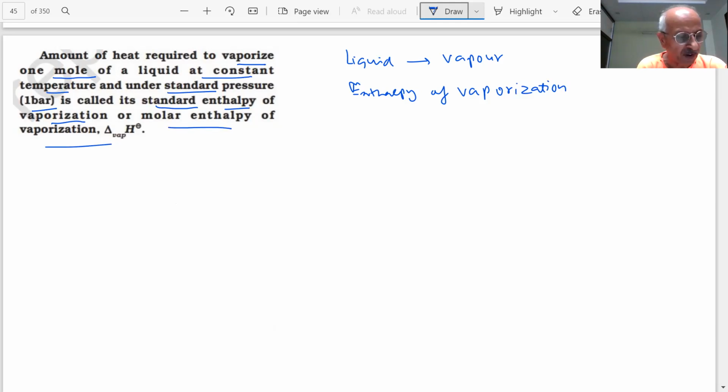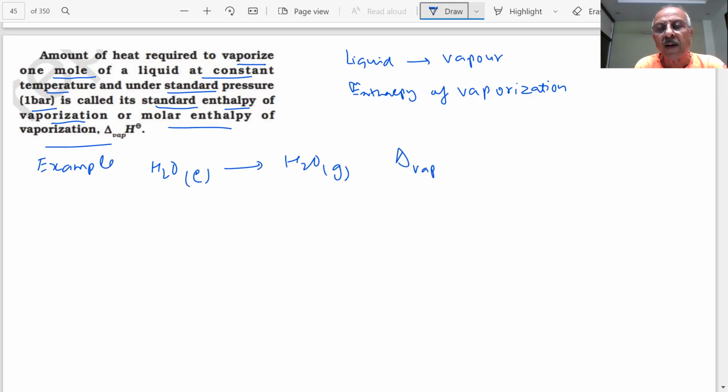For example, if you have liquid water and take 1 mole of this and convert it into 1 mole of gas, then this is the standard enthalpy of vaporization for water.